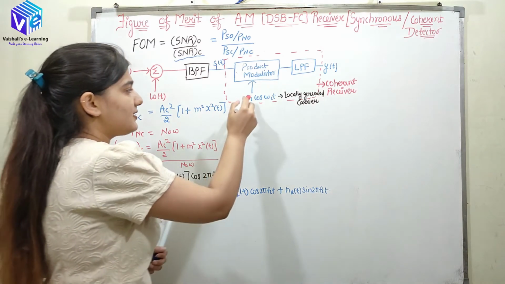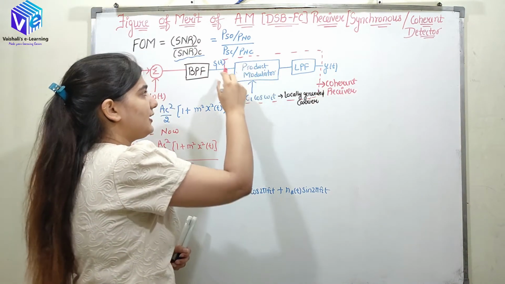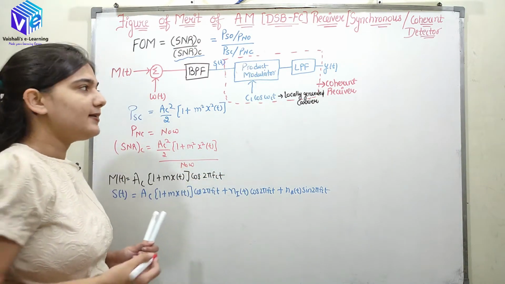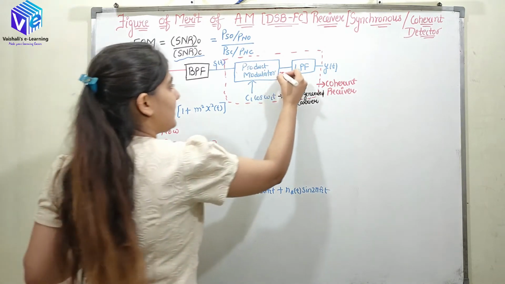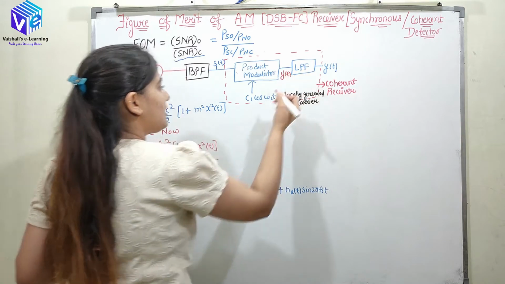So what happens in the product modulator? This s(t) is multiplied with c1 cos ωct. Now here we'll have y'(t).